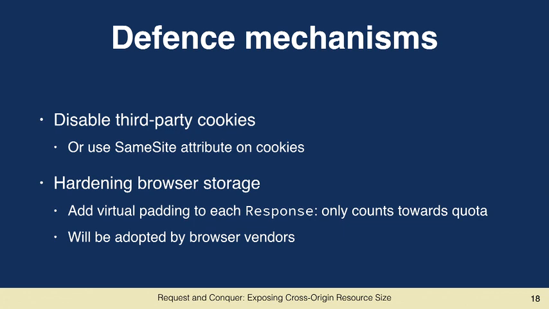So basically, this same-site attribute mandates that if a request is sent in a cross-origin manner, so if it originates from a different origin, then the cookie will not be attached.